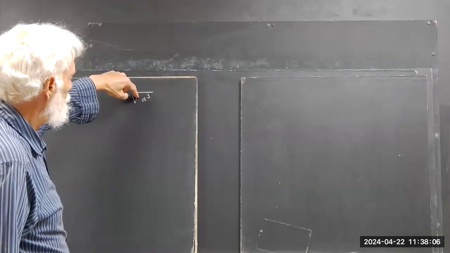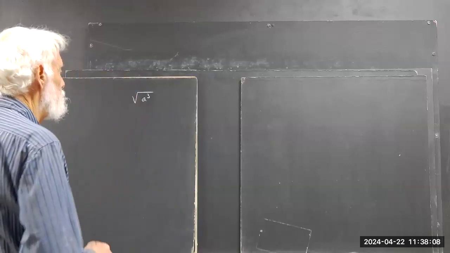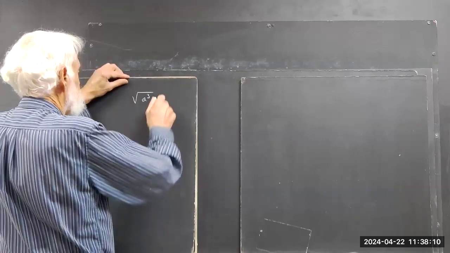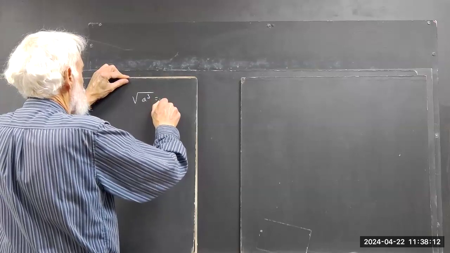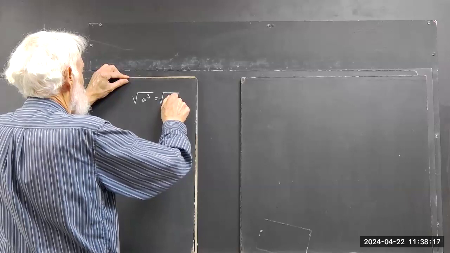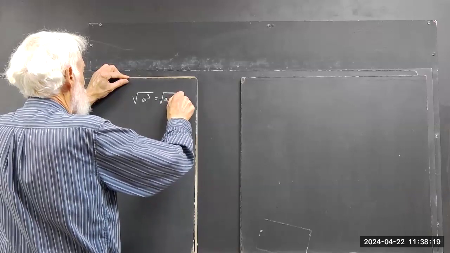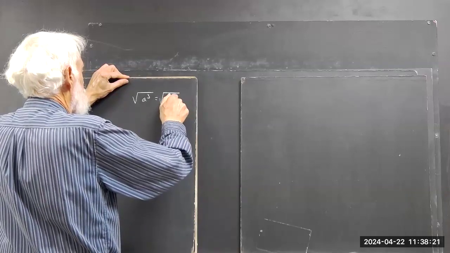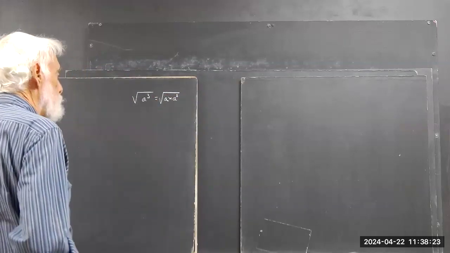Okay. Square root of a cubed. Well, it's the square root of a times a squared.